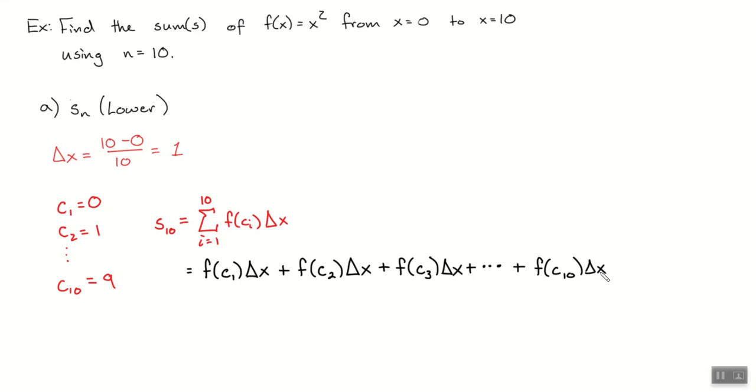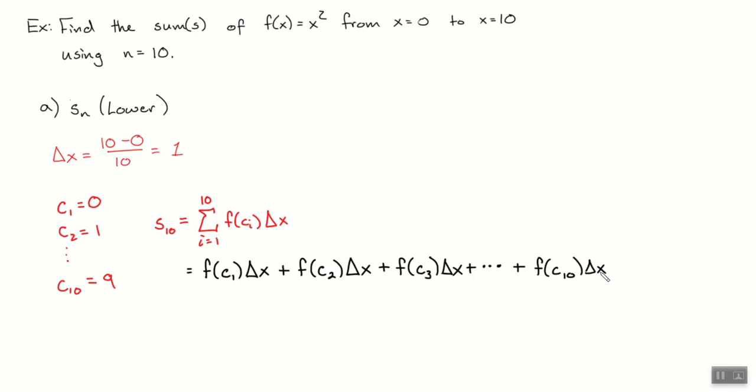Now, there's something awesome that happens with this. First off, there's some terrible things that happen because there's a lot of writing that we're going to have to do for this. But is there any possible way that I can make this expression simpler to look at, to work with, to deal with? What can I do? Louder, you're ready. I can factor this. What factors out of every single one of these? Delta x.